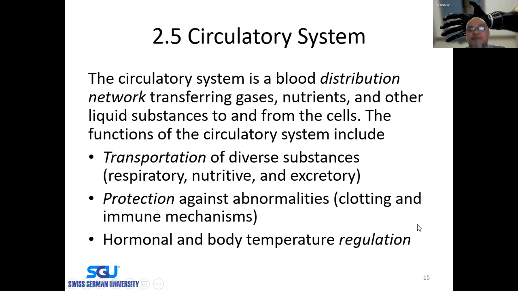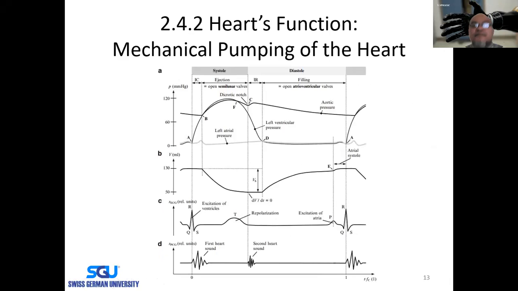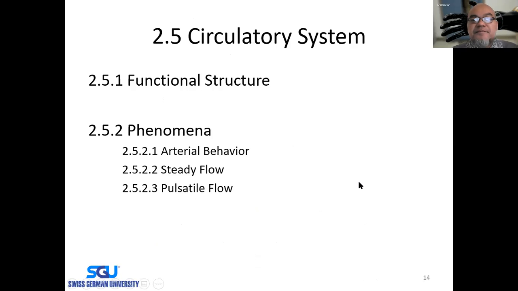If not, then we go on. So this is the function of the heart and the related physiological conditions which form these various biosignals: ECG, PCG, phonocardiogram, blood pressure, and also the blood volume.